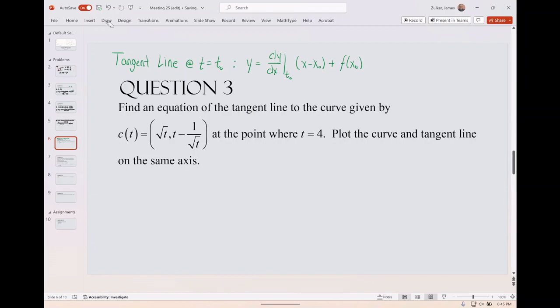This x naught is x of t naught. And then this f of x naught would become y of t naught. So I want to clean it up. So this is how we could write the equation of a tangent line given a parametric curve.